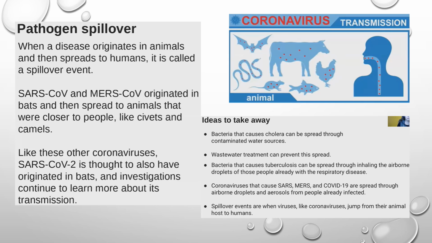As I said, SARS and MERS are both types of coronaviruses, and so is COVID-19. SARS and MERS originated in bats, and they spread to animals that were closer to people, like camels, and then can spread to humans. So they're coronaviruses, they originate in other animals, and they spread to humans.